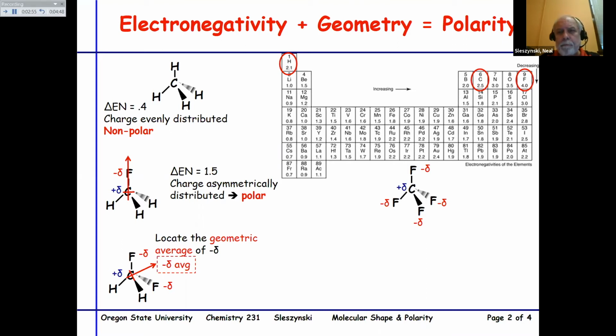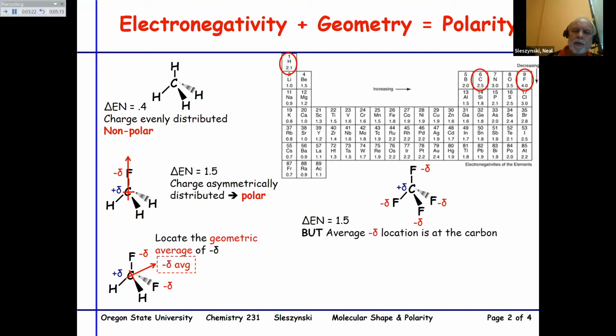hydrogens in methane. So we have now carbon tetrafluoride. You can see again as we go ahead and designate our partial positive and negative charges that this molecule has four very polar bonds. So for each of these individual carbon-fluorine bonds, we have an electronegativity difference of 1.5.